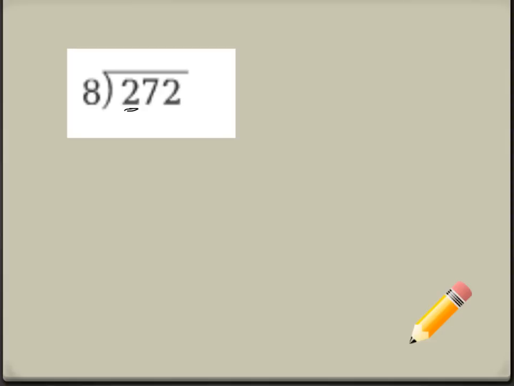Well, I can't without regrouping. So remember, if I have 2 hundreds, that is the same thing as 20 tens. Okay? So if I have 20 tens plus the 7 tens that were here, now I can go ahead and divide that among 8 groups.